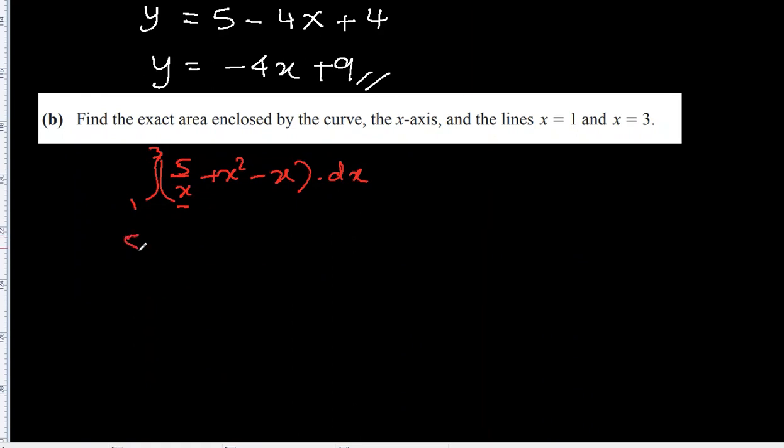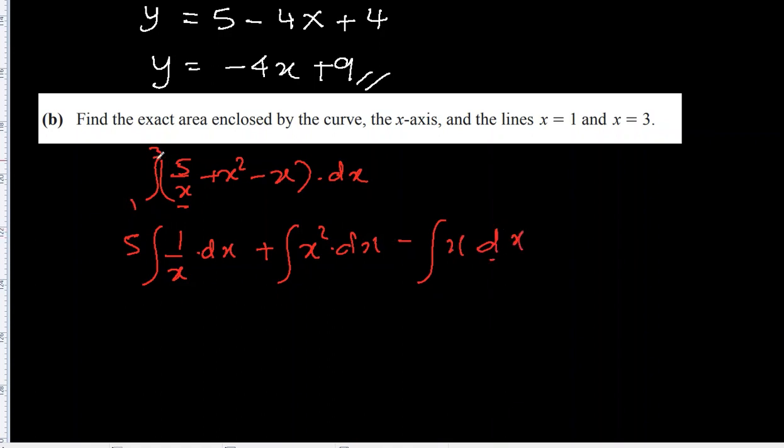So 5 over x can be written as 5 times 1 over x dx, right? And then we write x square dx and then x dx. These limits 1 and 3 I will write later.